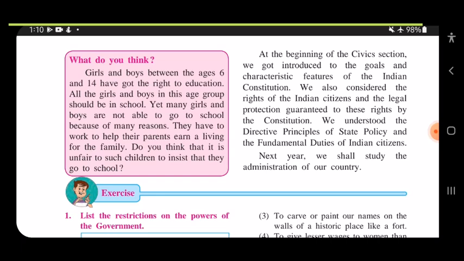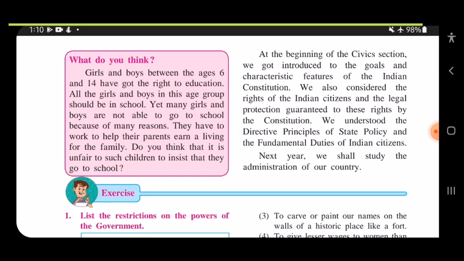So at the beginning of the civics section, when we started learning civics, we got introduced to the goals and characteristic features of the Indian Constitution. The first chapter was related to the Constitution. Okay, the Constitution is a book where laws and rules are made and we have to follow them. So that was the starting. We also considered the rights of the Indian citizen.